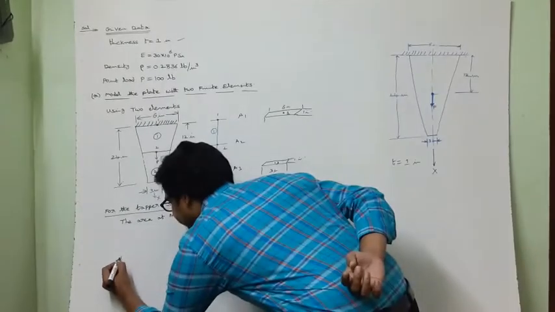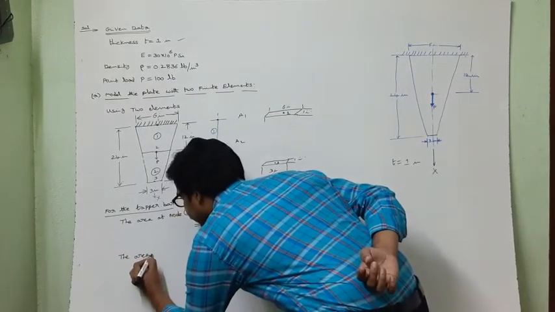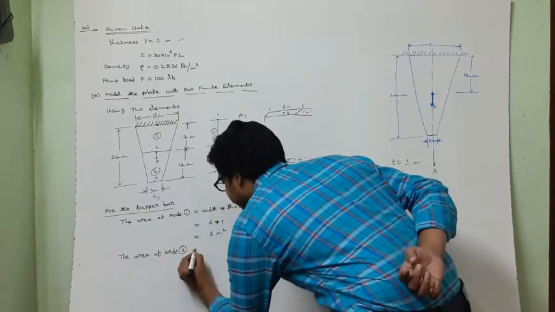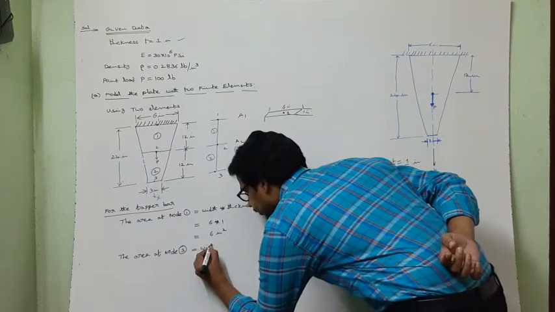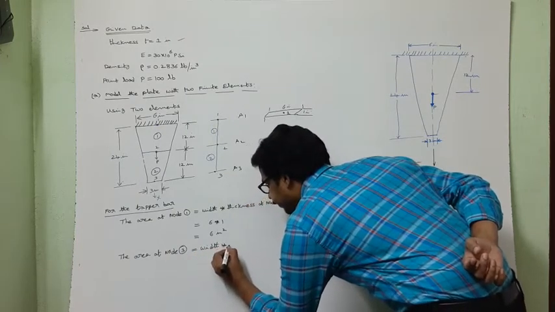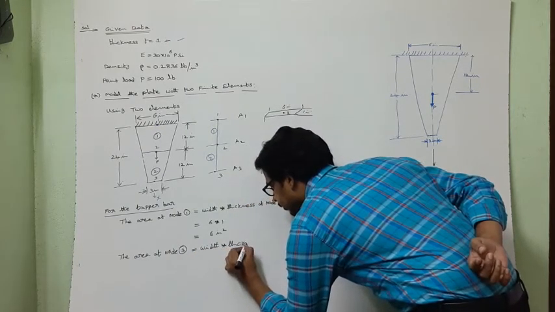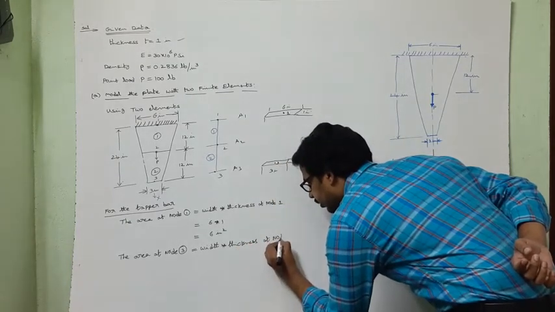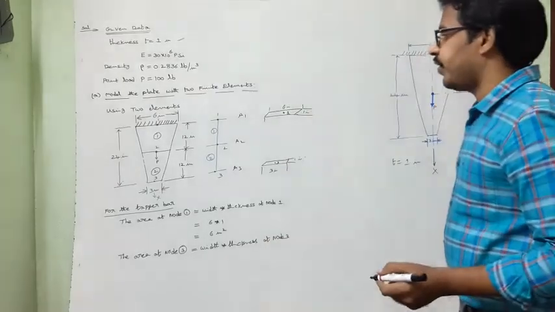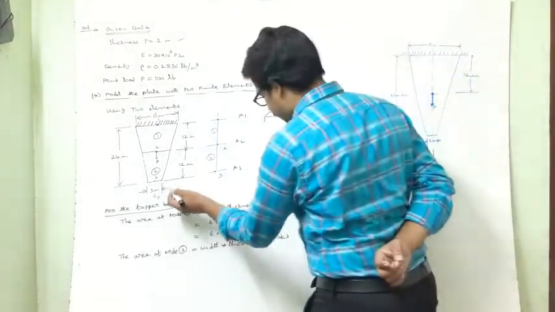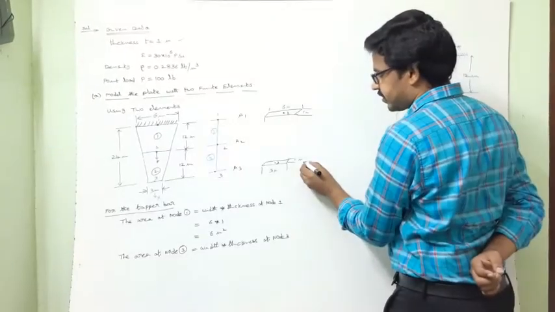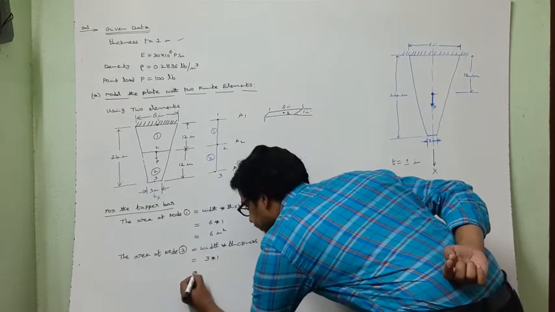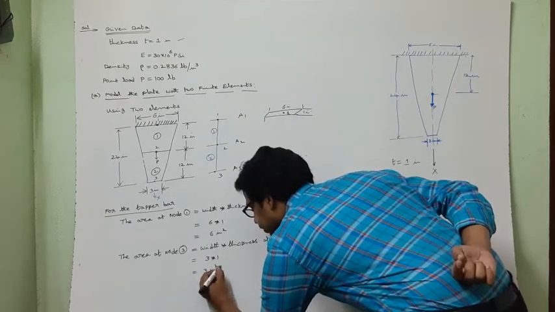So the area at node 3 is equal to, same formula, width into thickness at node 3. Here the width is equal to 3 inch and the thickness is equal to 1. 3 inch into 1 is equal to 3 inches square.